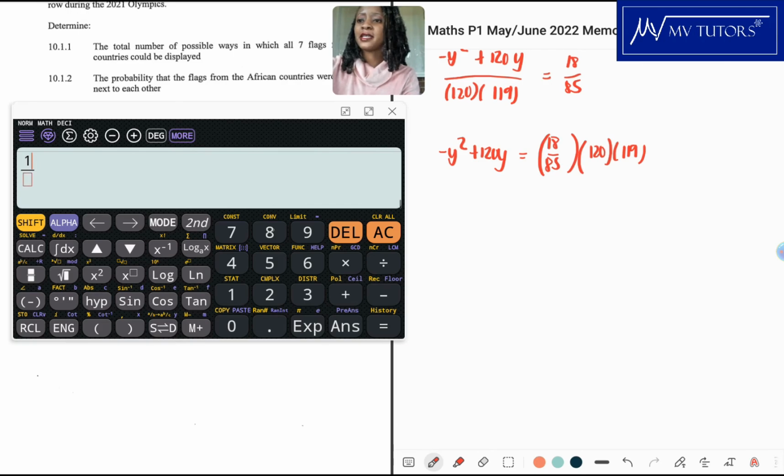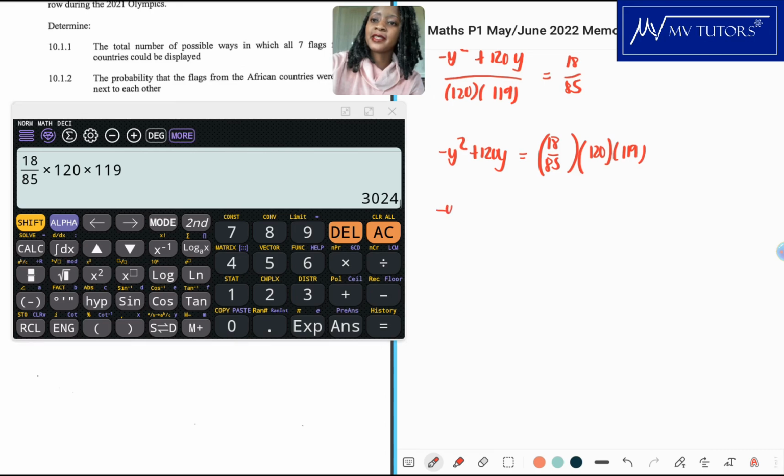So I have 18 over 85 multiplied by 120 multiplied by 119, and it's 3024. All right, so I have minus Y squared plus 120Y. I'm going to take that 3024 to the left side of the equation sign.